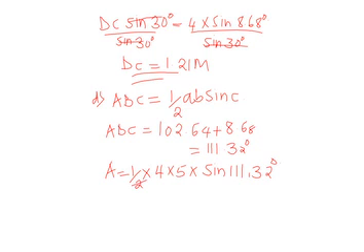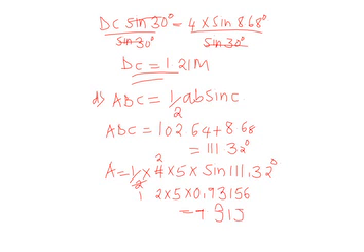If we cancel, we have 2 multiplied by 5 multiplied by sine 111.32, which is 0.93156. So if we multiply this, we'll have 9.3156, which can be written as 9.32 meters squared, correct to 2 decimal places.